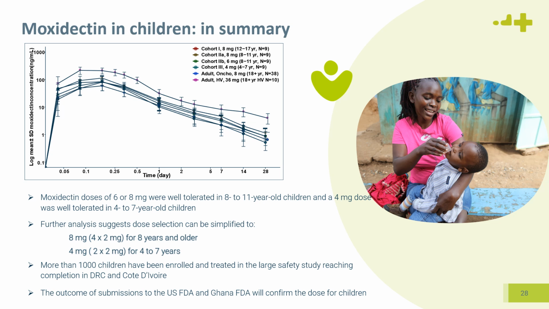As mentioned, more than 1,000 children enrolled and treated in the large safety study reaching completion now in DRC and Côte d'Ivoire were treated according to this 2-tiered dosing regimen. The outcome of submissions to the US FDA and the Ghana FDA will confirm the dose for children.